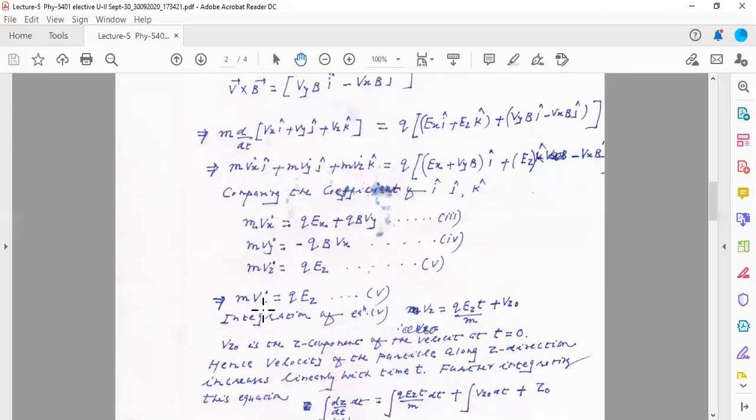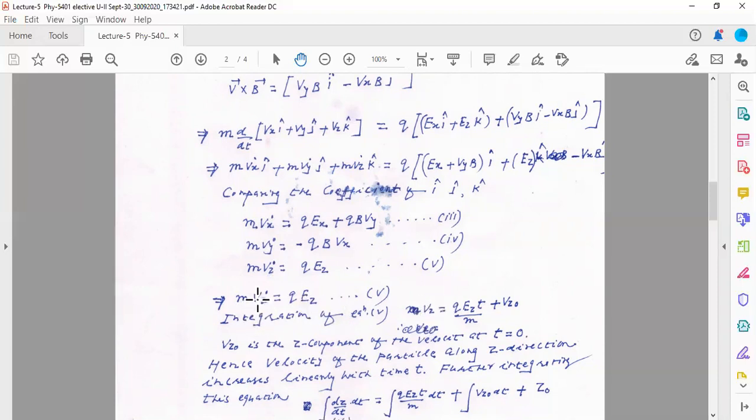m Vz dot, where Vz dot is d by dt of Vz, is equal to qEz. Now I integrate this equation with respect to t on both sides. Since this is Vz dot, I will get Vz.